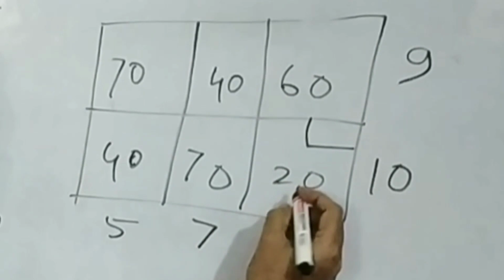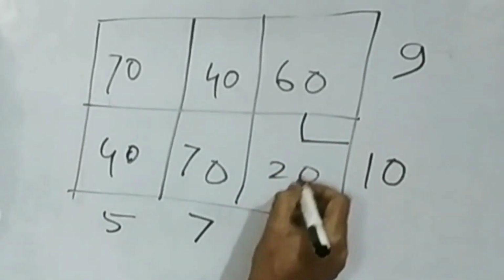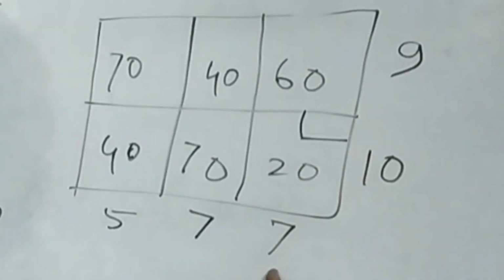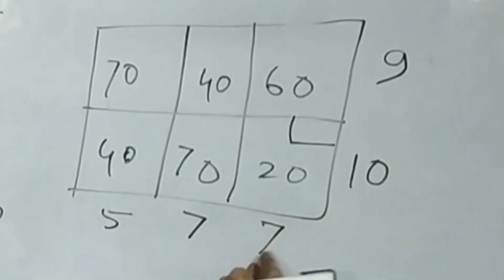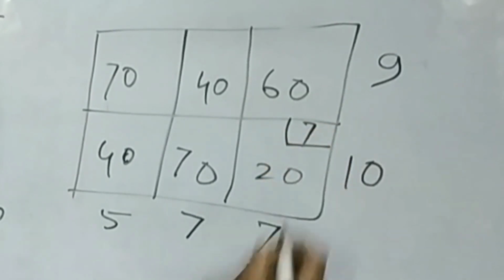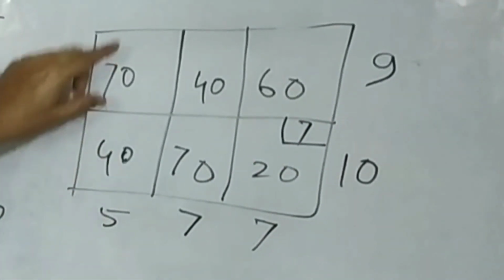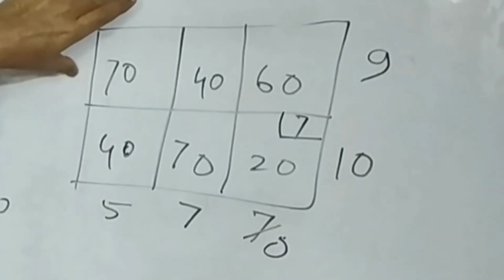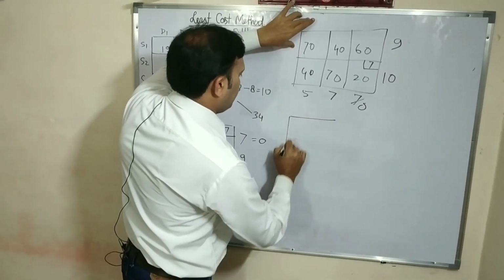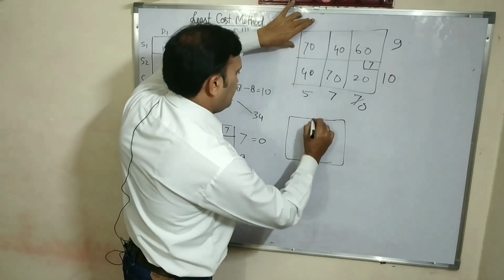We find that the minimum cost is 20, so we will be selecting that. On the supply side as well as the demand side, we are going to see which one is less, and that we are going to allocate. So it will be 7. Further, this particular column will be deleted because the demand is fulfilled. So we are going to make another matrix.